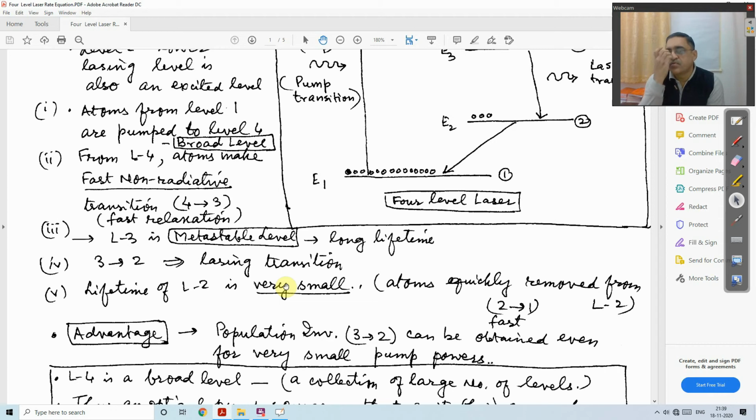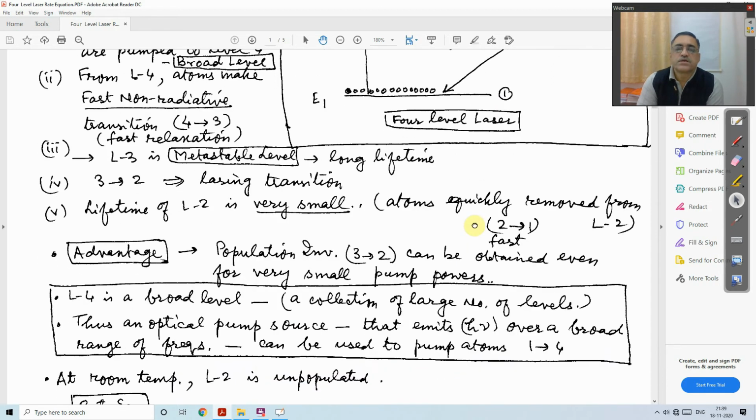Then lifetime of level 2 is very small. Atoms are quickly removed from here so that a population inversion may be maintained between 3 and 2, and there are very less active atoms at level 2. So this is our scheme.